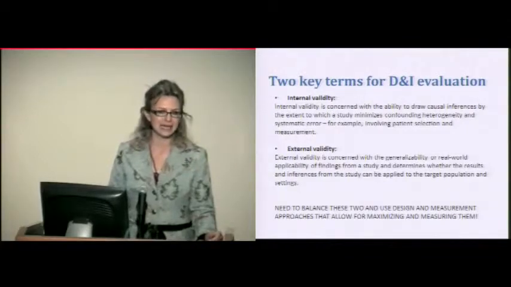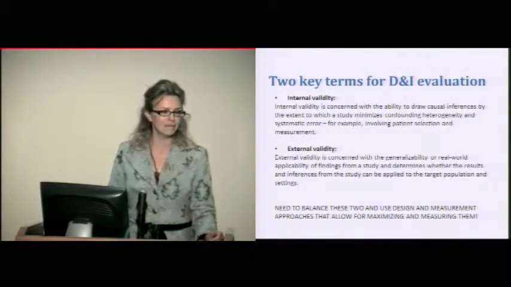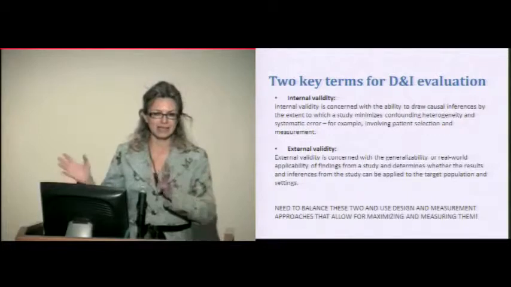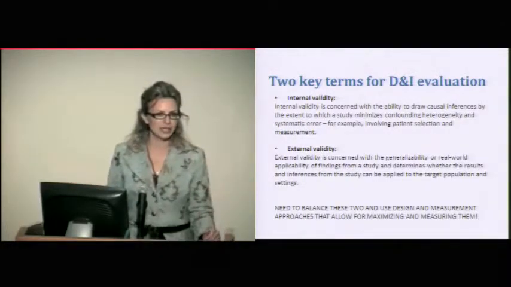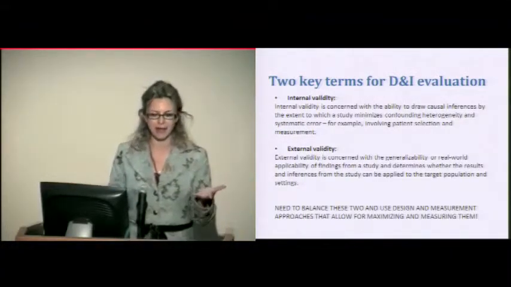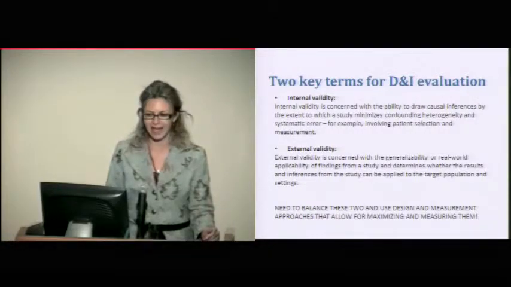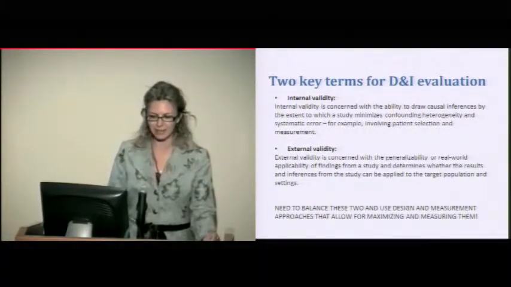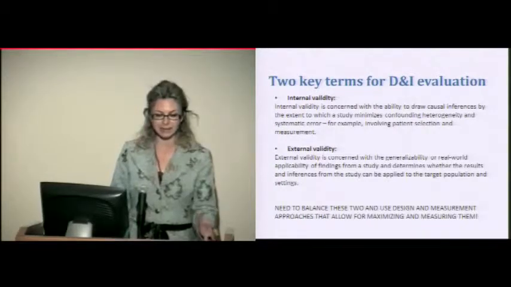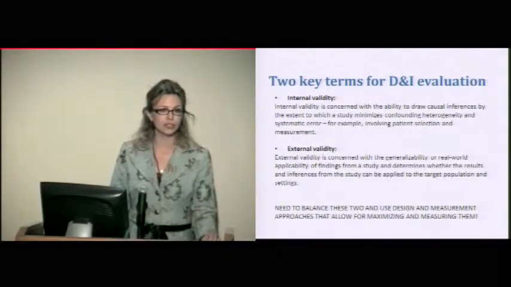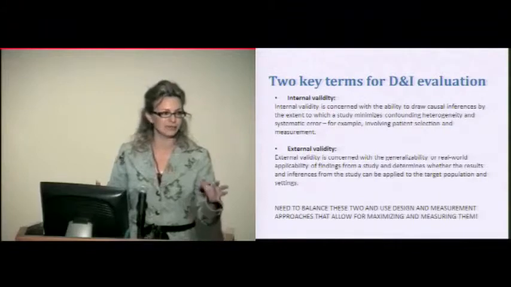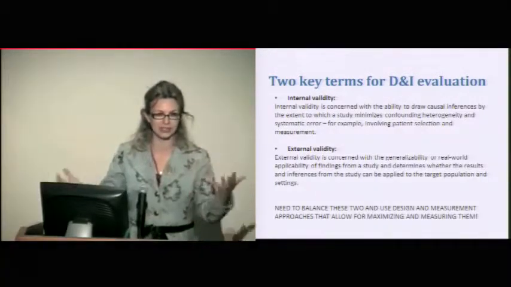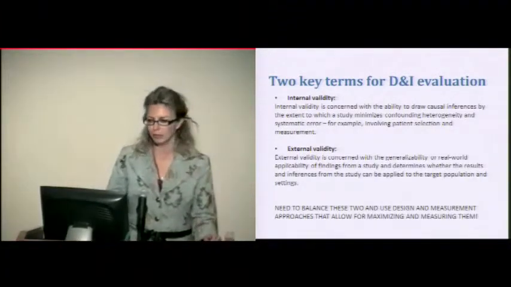So clearly the design that we choose will be most likely maximizing one to the damage of the other, but there are ways to find balance between the two, and measurement approaches that are able to maximize this balance, and also just measuring all the confounding that we call confounding in traditional studies, and here more contextual factors will be essential.